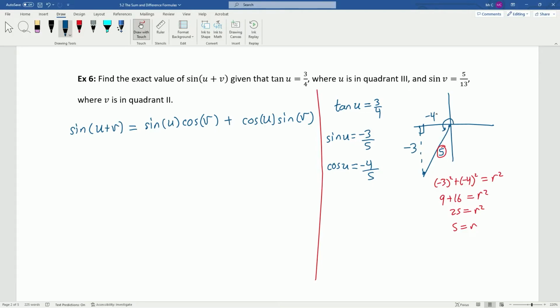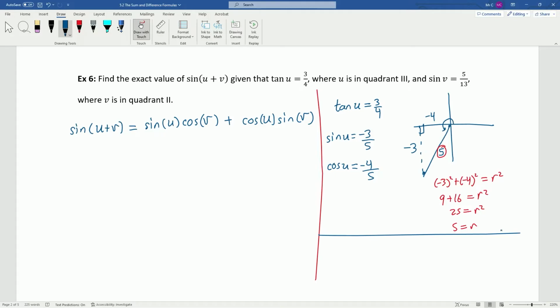Or if 3 or 4 was the hypotenuse, it would not be a 3, 4, 5 triangle. So be careful, because sometimes you might try to skip that step. Like say you see a 3 and a 4, and you're like, oh, I don't even have to do anything, the other side is 5. But that only works if 3 and 4 are the legs. If one of those is the hypotenuse, then it falls apart. So just be careful about that. Sometimes you will see problems that are designed to trick you that way.